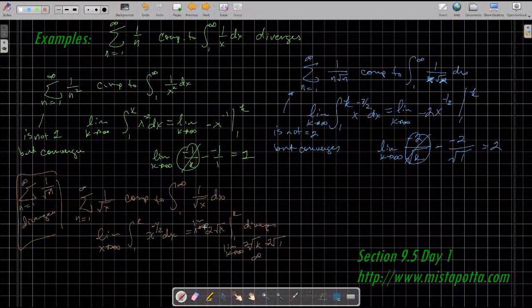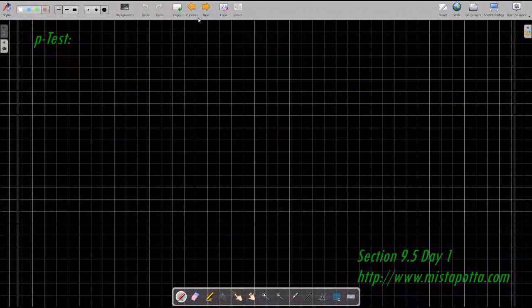And so what we have next is something that's called the p-test, which is a simpler form of this integral test that we've talked about. But it's much easier to deal with.